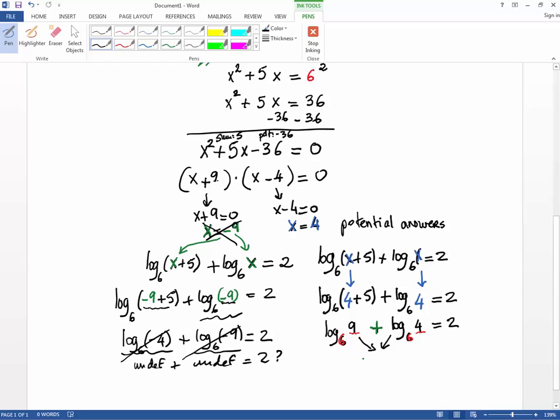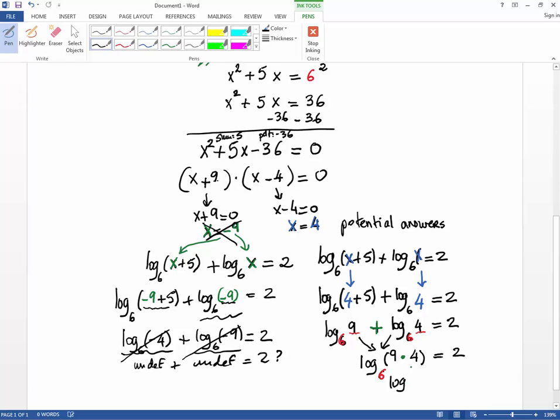You can only do that if everything is behaving itself. So this is log base 6, keep the base to be 6, of, if you condense those logs, the product of the first quantity inside the log, which is a 9, and the second quantity inside the other log, which is a 4, is that 2.